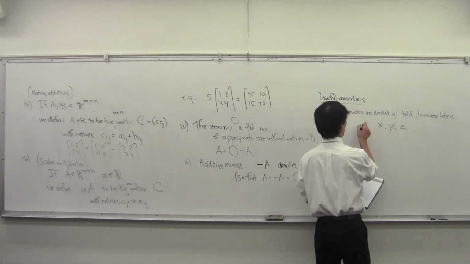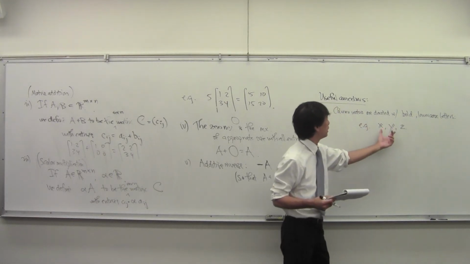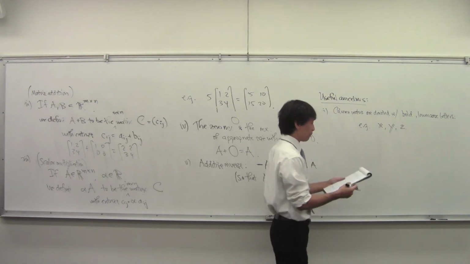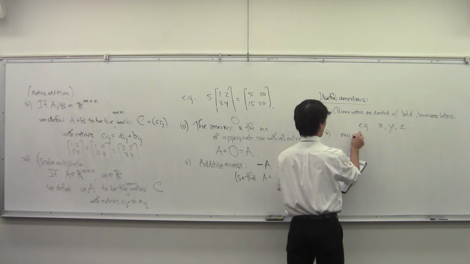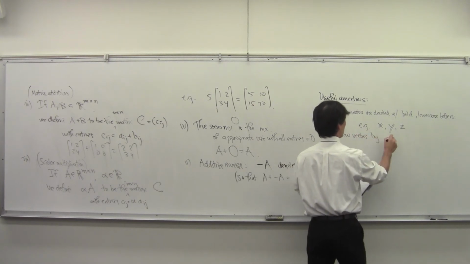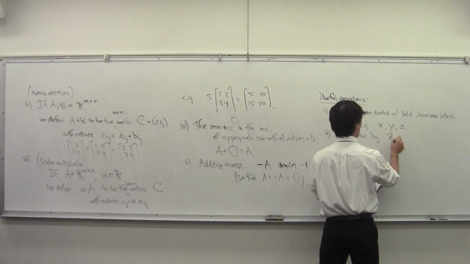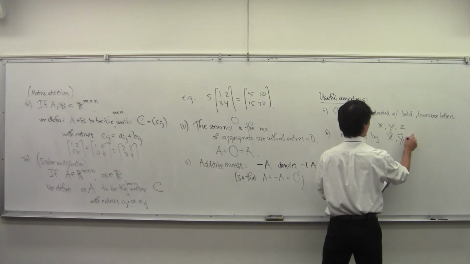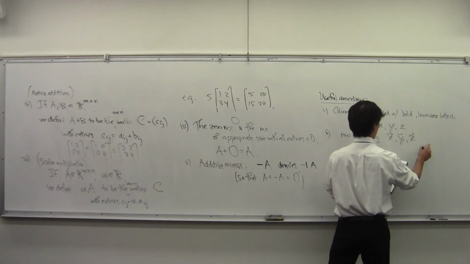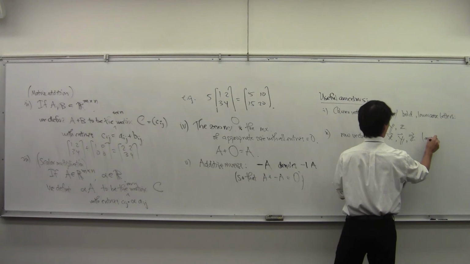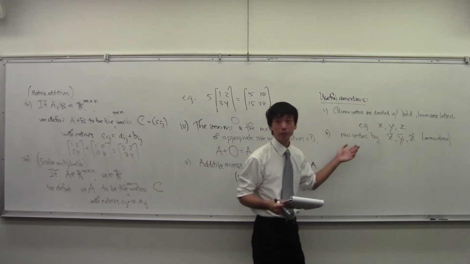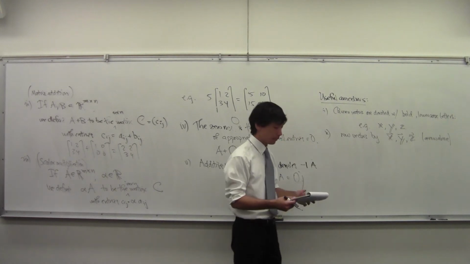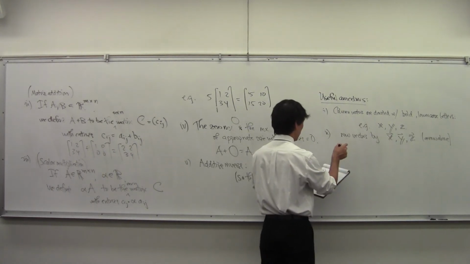So if you see something like this, it's going to mean a column vector. Row vectors are denoted by the same sort of thing, but with an arrow above. So if you see anything like this, you know it's a row vector.